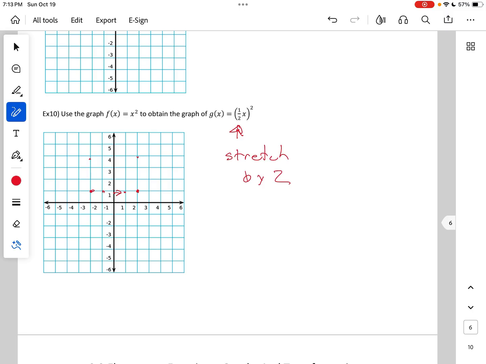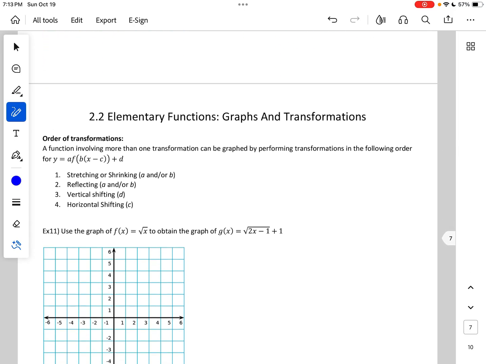And then this one is 2 away from the y-axis, I'm going to go 4 away from the y-axis out here. So then my new graph would be like this. Okay, so it's a stretch by 2 away from the y-axis, because inside with the x is horizontal, outside is vertical.